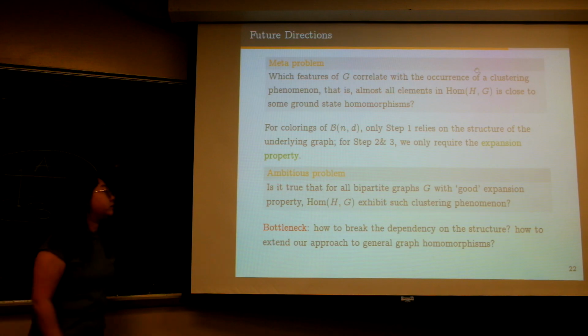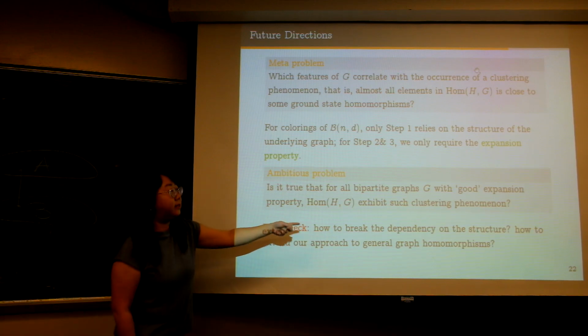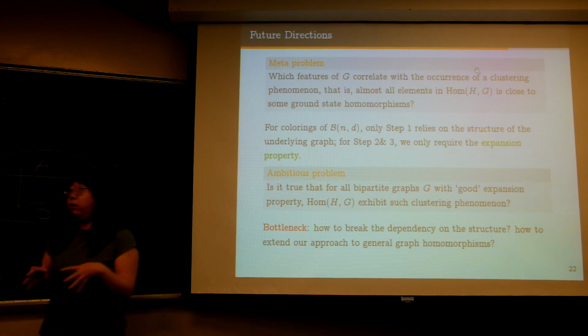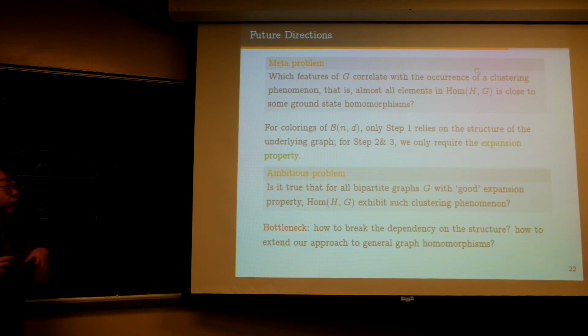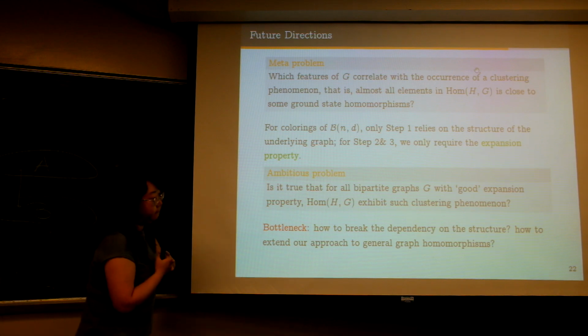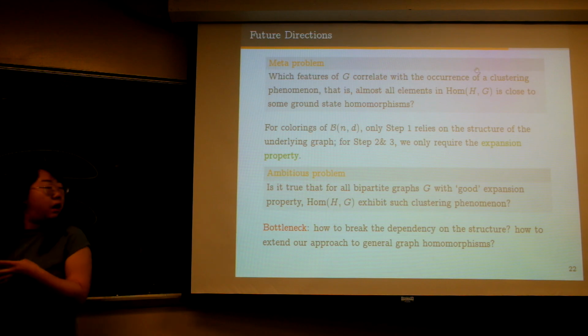Here, the biggest bottleneck is how to break the dependency on step 1, like when you set up this ground state. We don't know how to do it without knowing the structure of the graph.